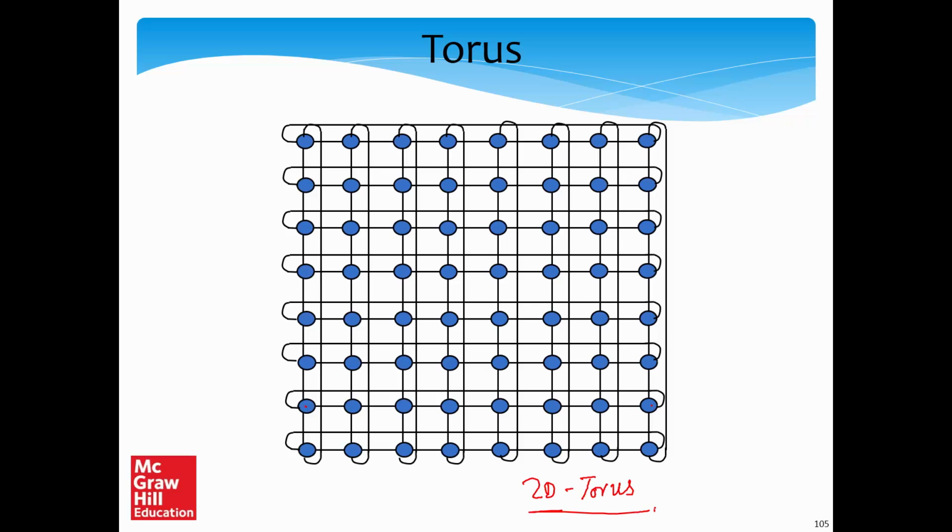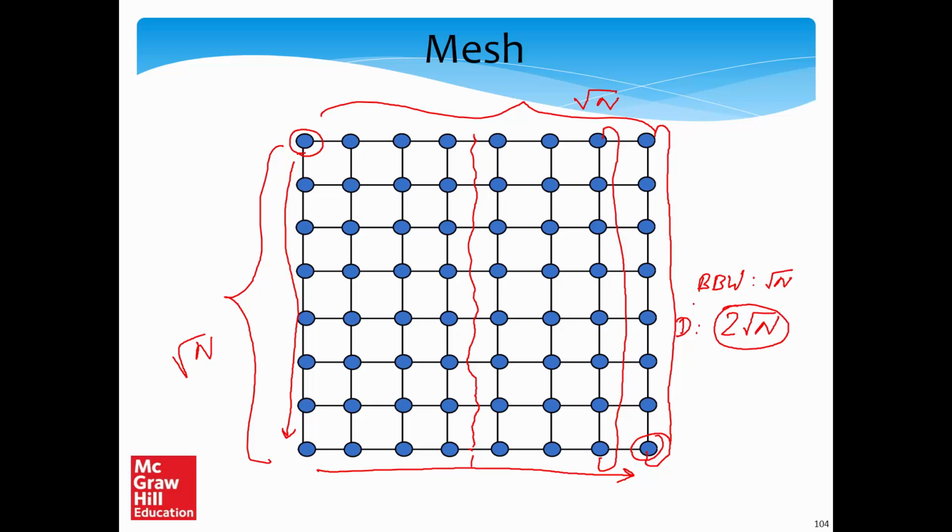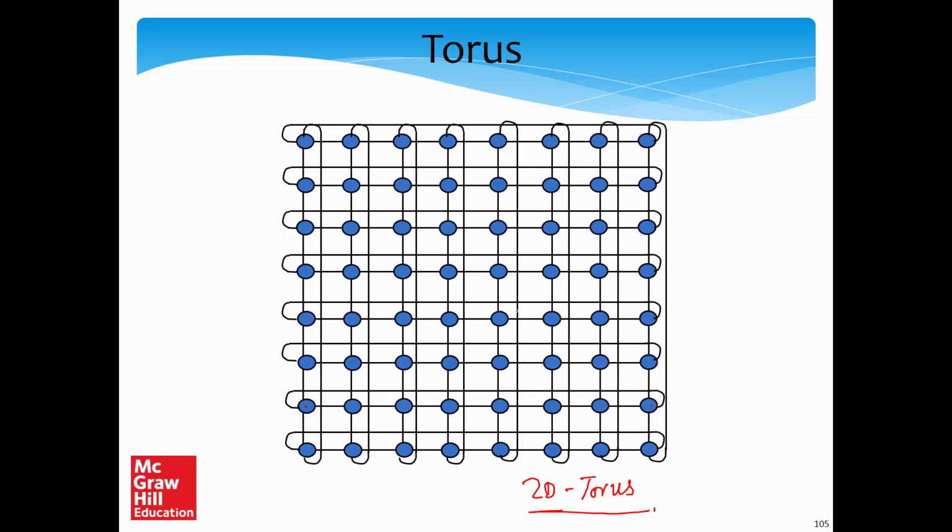So the advantage of this is something like this. Let's study the bisection bandwidth and the diameter. What were the previous values for a mesh? They were root n and 2 root n roughly. Let us compute the bisection bandwidth and the diameter of this. The cut is at the same point. If we cut the network like this, it will get disconnected.